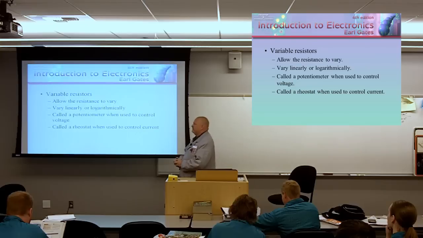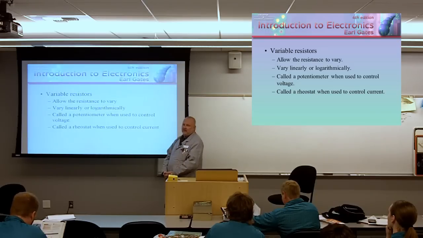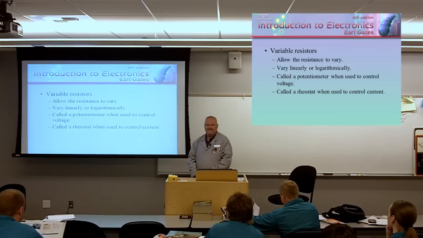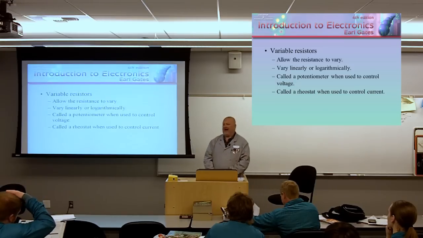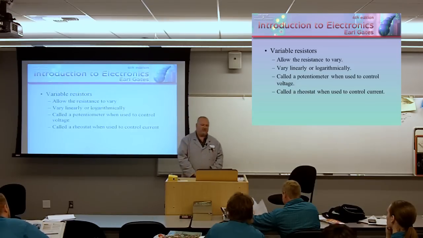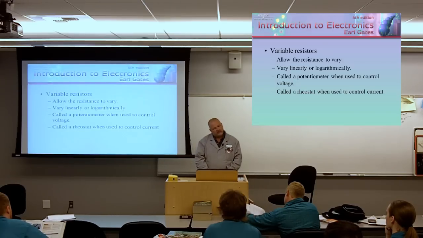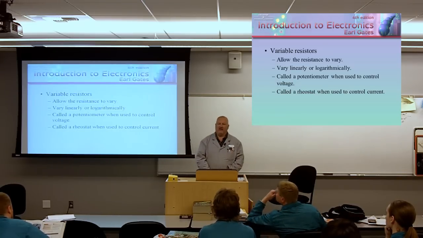These variable resistors, when they're configured as a potentiometer, also known as a pot, when we configure it to control voltage, we call it a potentiometer. And I'll show you how we do that in a second.